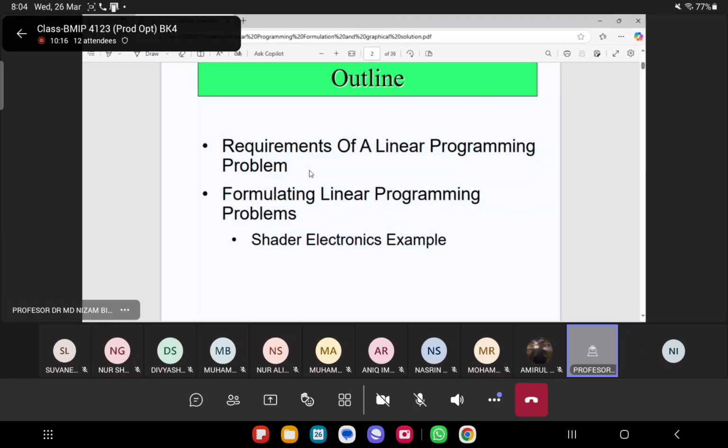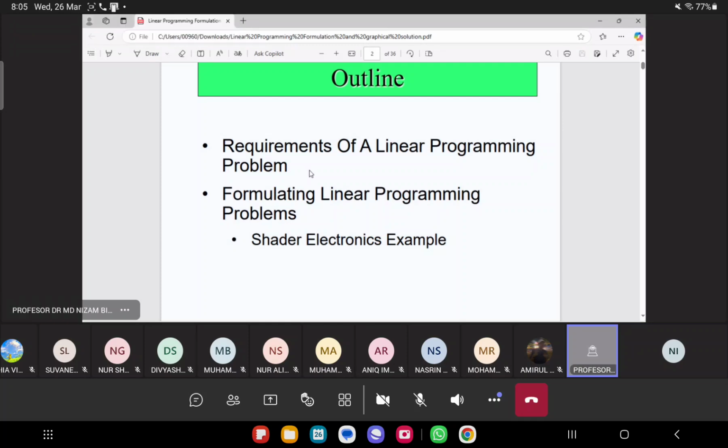Only then can we use linear programming to solve it. And we're going to look at how to formulate linear programming model problems using an example, Shredded Electronics. So this is basically what we're going to do today.